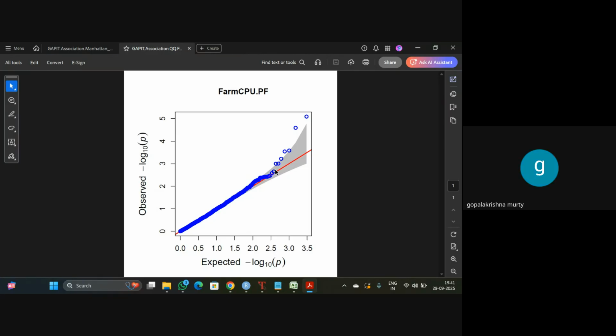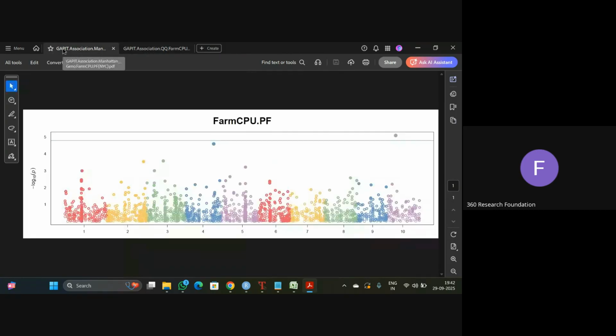So here log 3 is this, and 2.5 is the threshold value. Approximately you can take 3 and above, whatever data points are above 3. Or if you want the exact value, just take above 2.5.